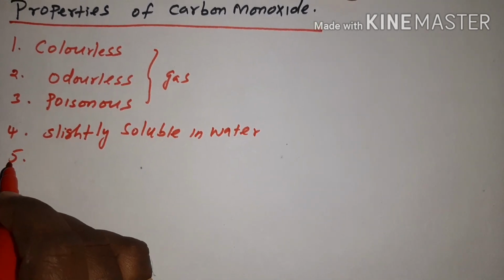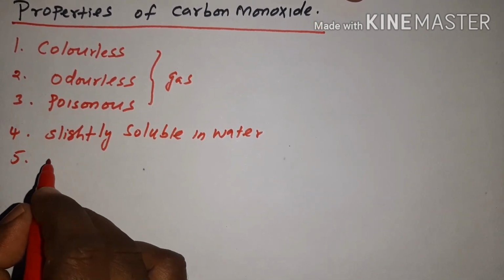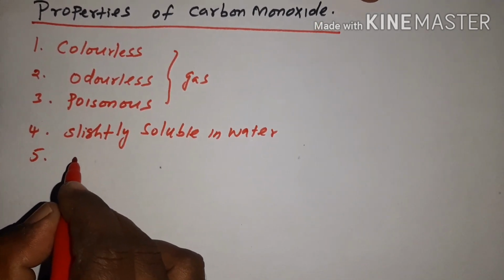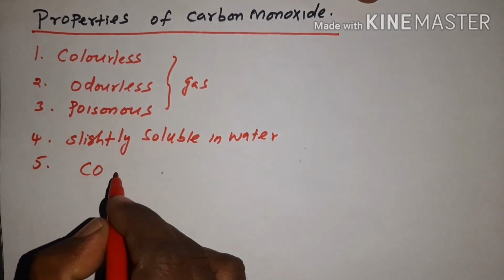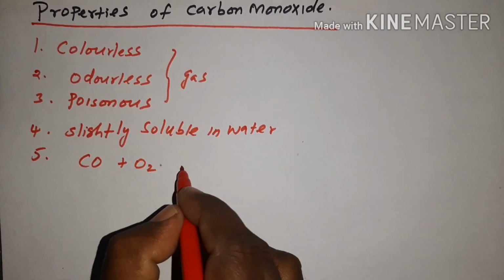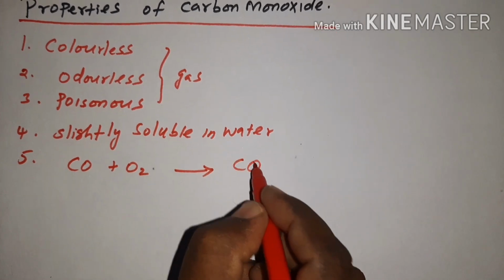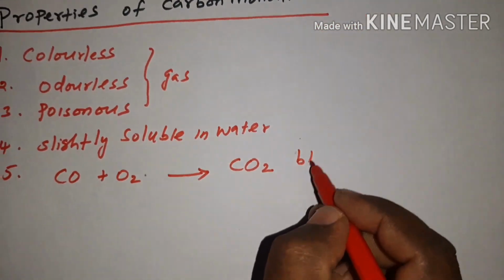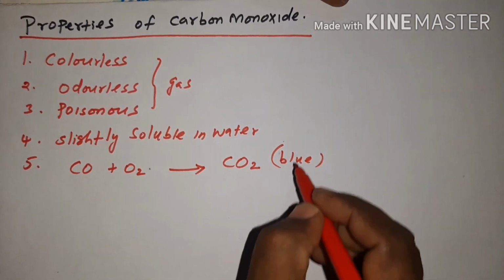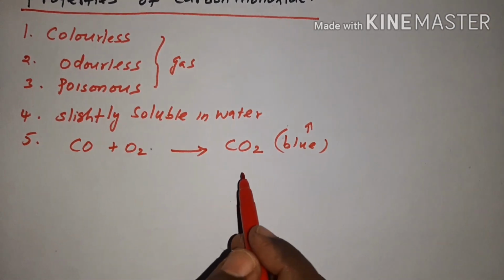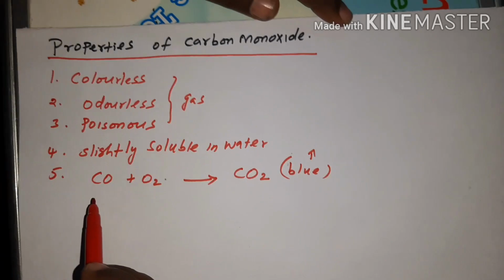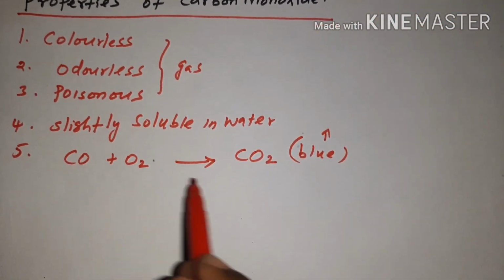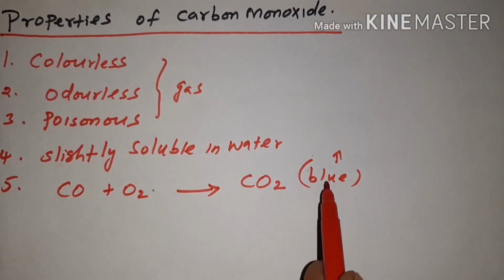Then fifth point is, it burns with oxygen. Carbon monoxide burns with oxygen to produce carbon dioxide. When the carbon monoxide burns with oxygen, it gives carbon dioxide with a blue flame.